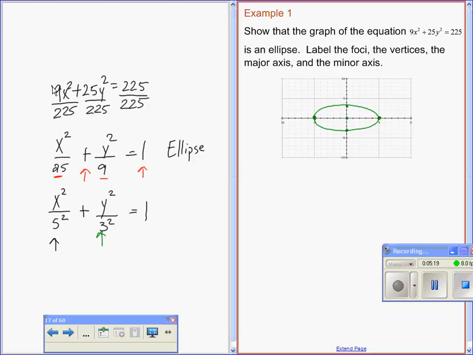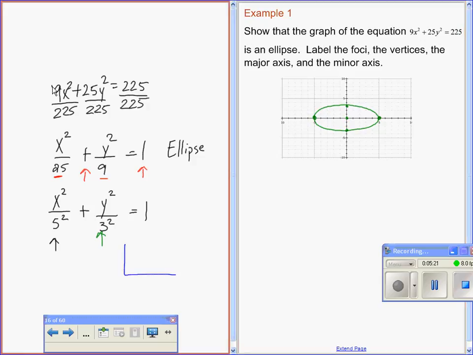So to find the foci, as we found yesterday, within this ellipse there's a triangle. The ellipse is going to look something like this.